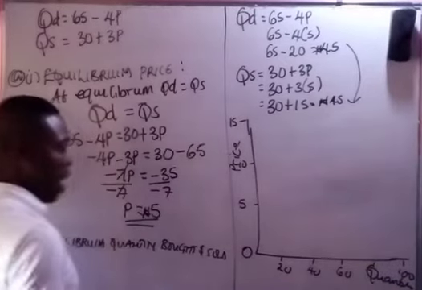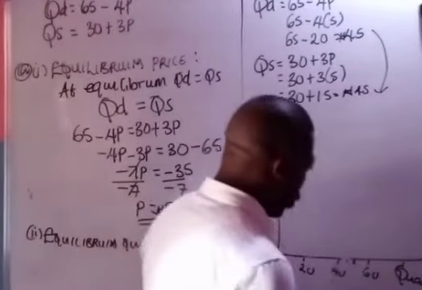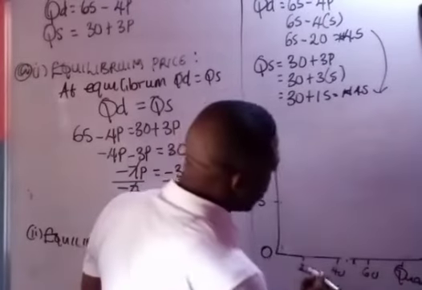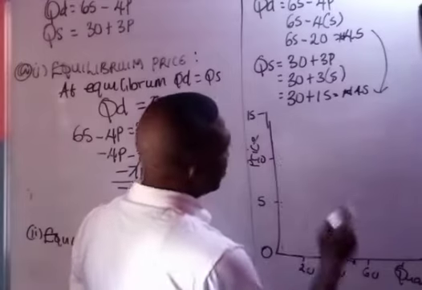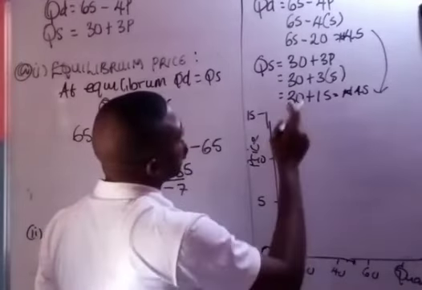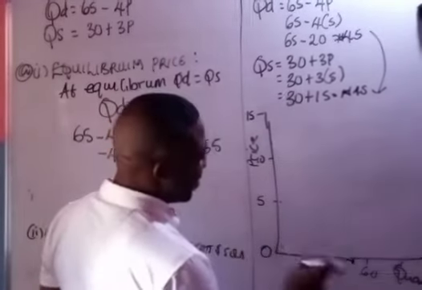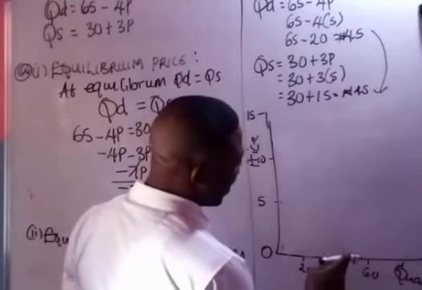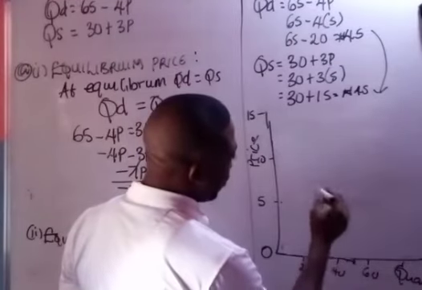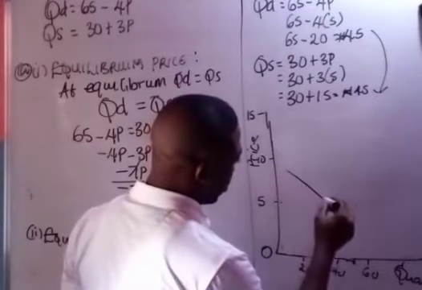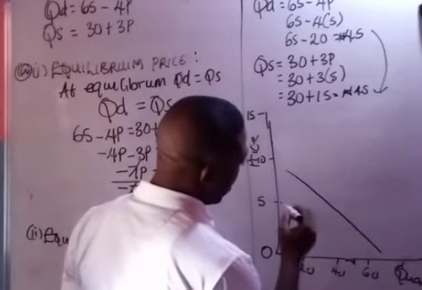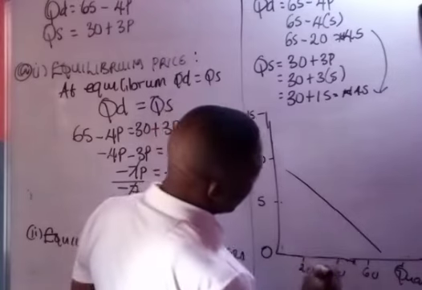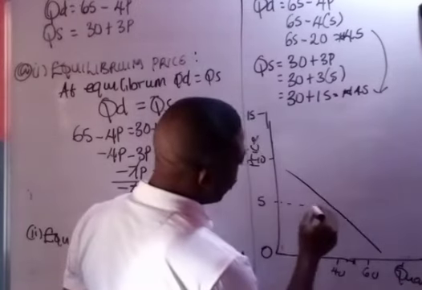Okay, now from here, let's draw the demand curve. So when the price is 5, the quantity demanded is 45. So it's showing this.